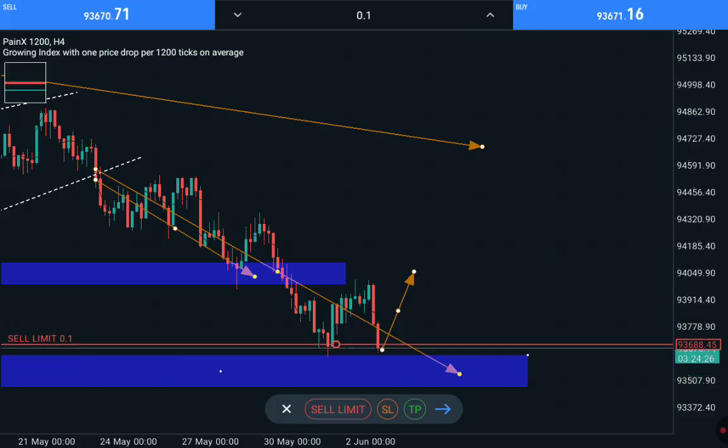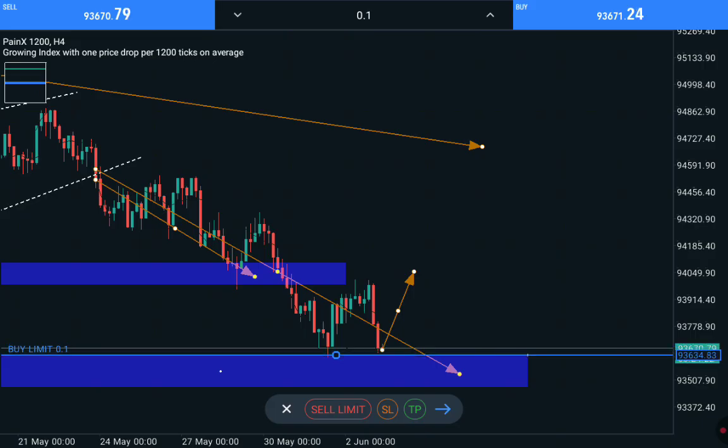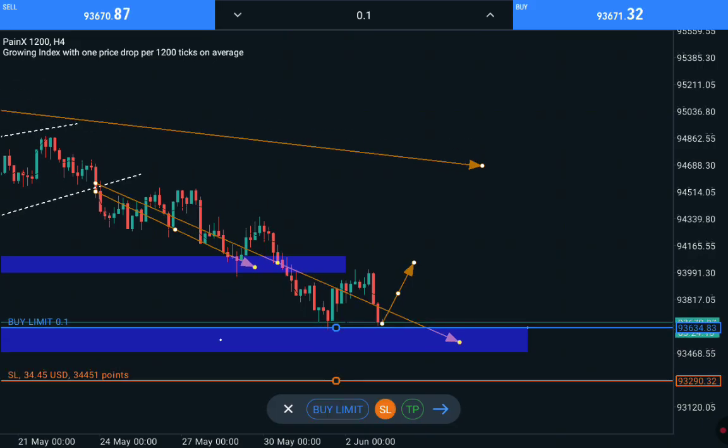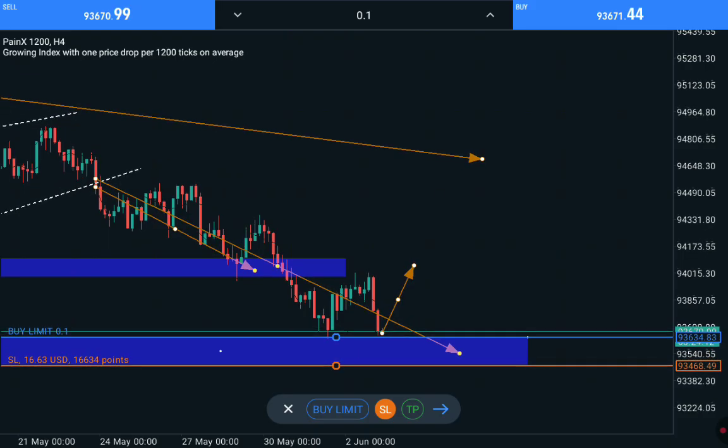But then you are looking at previously, it is forming some sort of a double bottom. All right, this is supposed to be your entry, right?